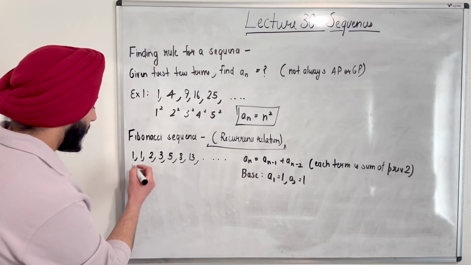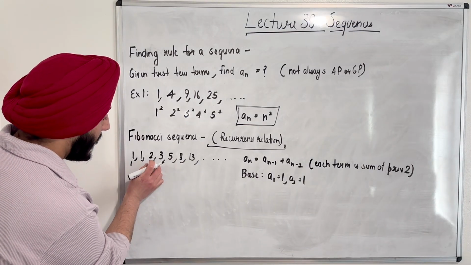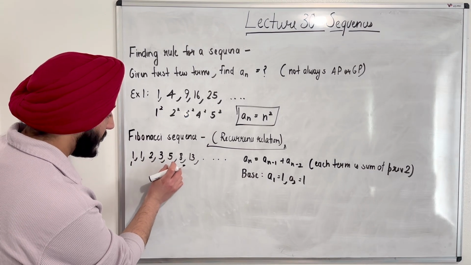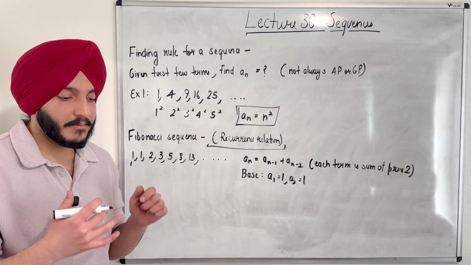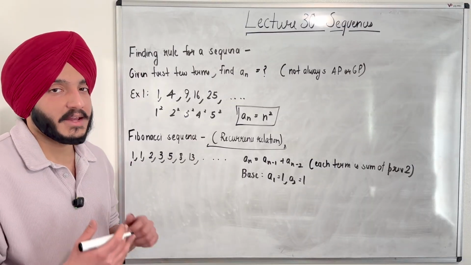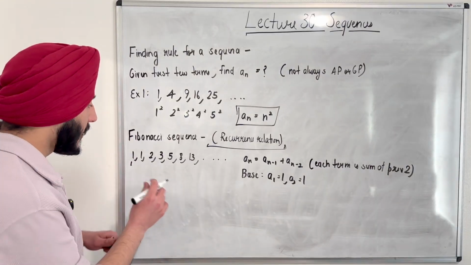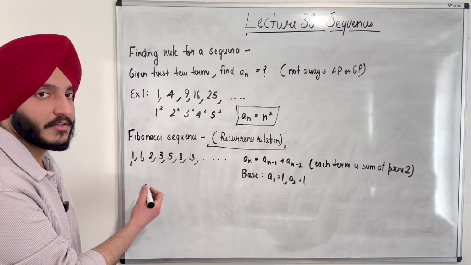If you look at this carefully, I start with the value 1, then 1, then 2, then 3, then 5, 8, 13, right? If you look at it, it might not make any sense in the beginning. You might be trying to figure out, okay, it doesn't seem like anything is happening, right? But if you look at it carefully, every single term seems to be the sum of the previous two, right?